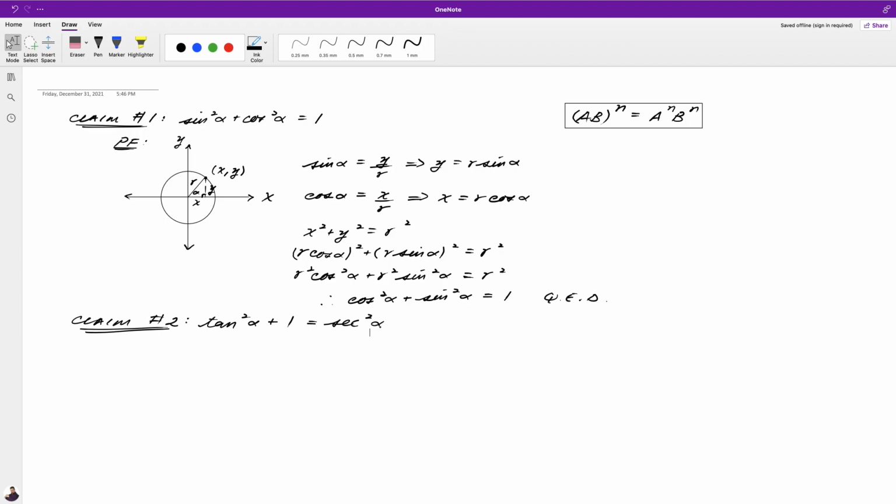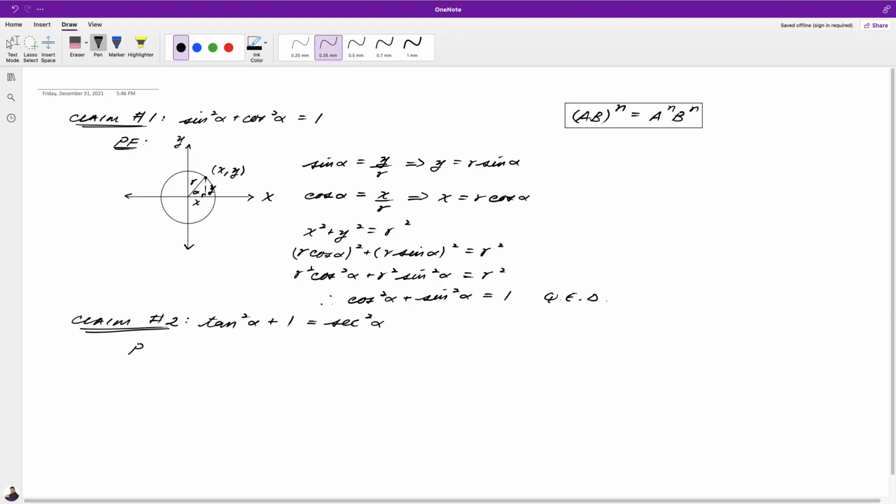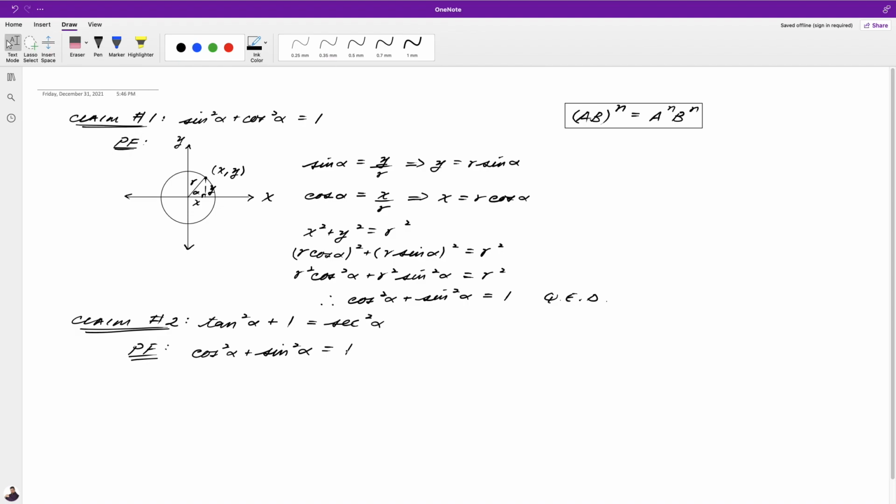Let's try to prove this. We can readily use the statement from claim 1 that we've already proven. So let's establish this statement here: cosine squared alpha plus sine squared alpha is equal to 1.